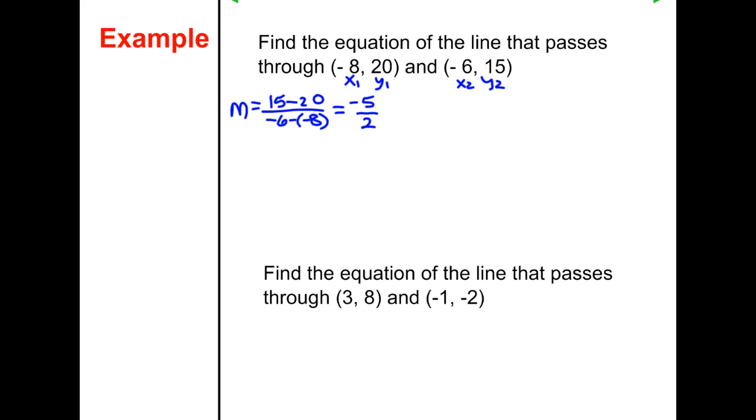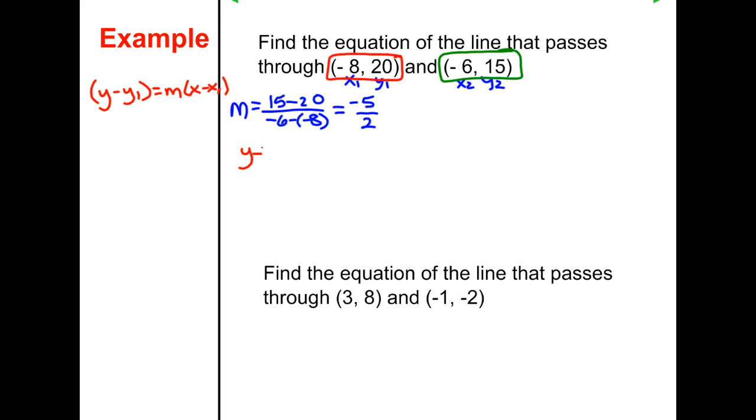And I know what you guys are asking is, well, which one should I do? Should I do this point or this point? Well, I'm going to show you real quickly that it doesn't really matter. So I'm going to first plug in my negative 8, 20 into this. Remember, our point slope form is y minus y1 equals m times x minus x1. So I'm going to plug in negative 8, 20 here.